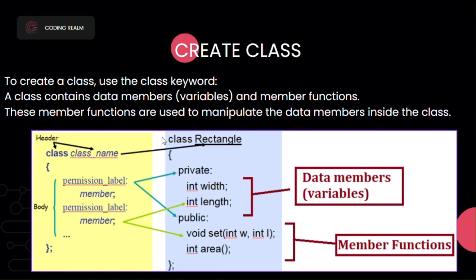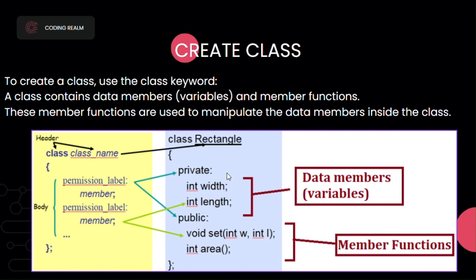Look at this example. I need to calculate the area of a rectangle. The class name here is rectangle. The permission labels are private and public. In private, I need to declare the width and the length.